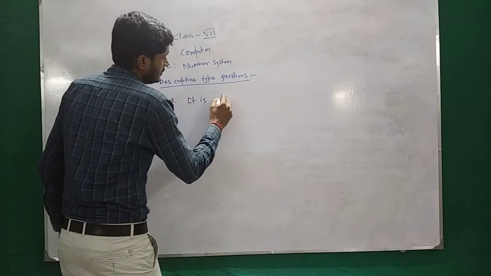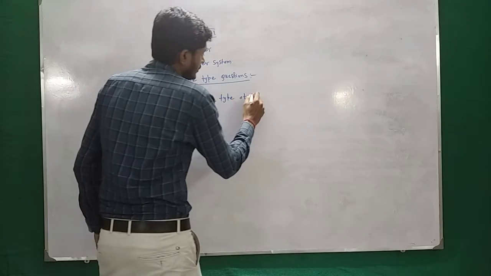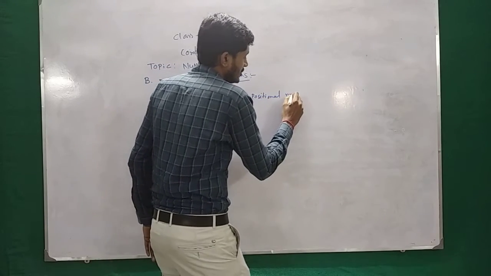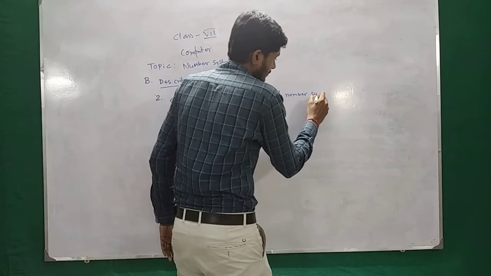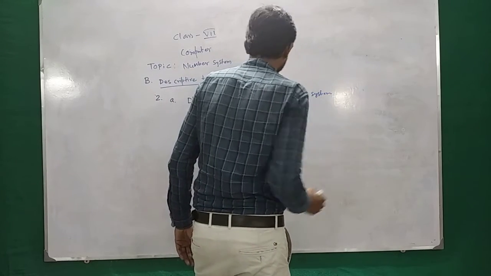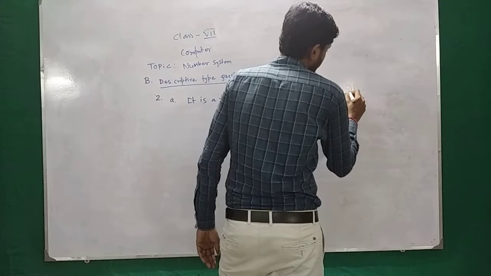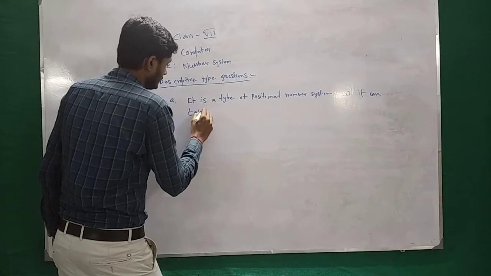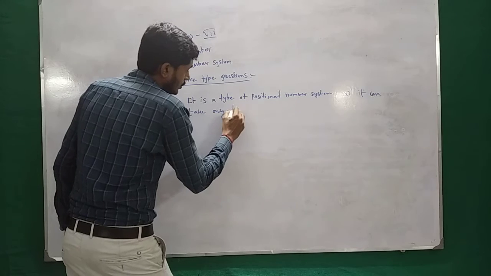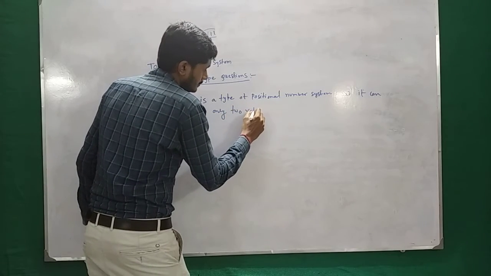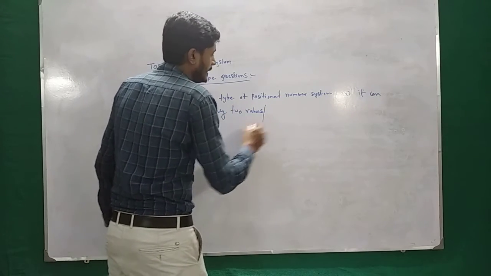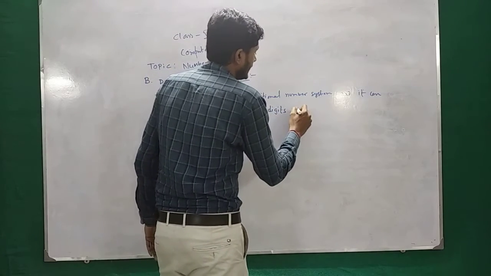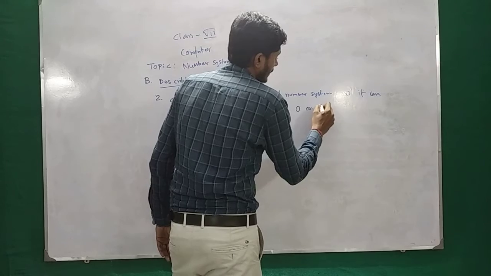it is a type of positional number system and it can take only two values, or we can say only two digits. That means either 0 or 1.